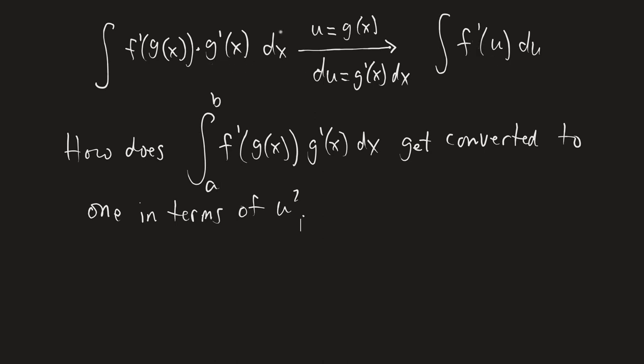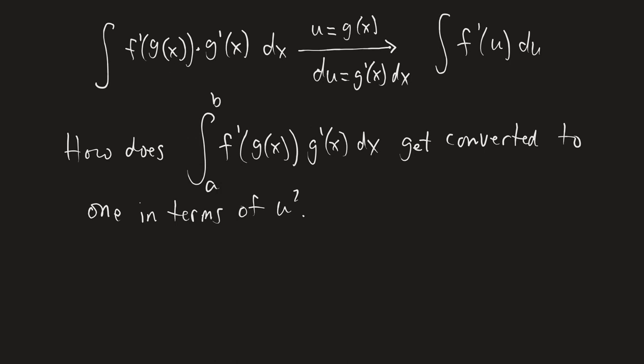And the same procedure converts the differential, g prime of x dx, over to du. So essentially, what we did previously allows us to convert half of a definite integral, this part. But what happens to the a and the b? I can't just keep the a and the b.